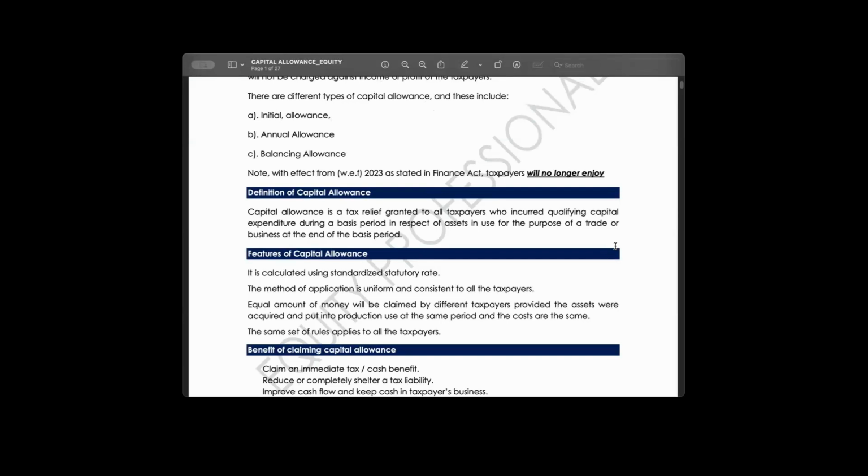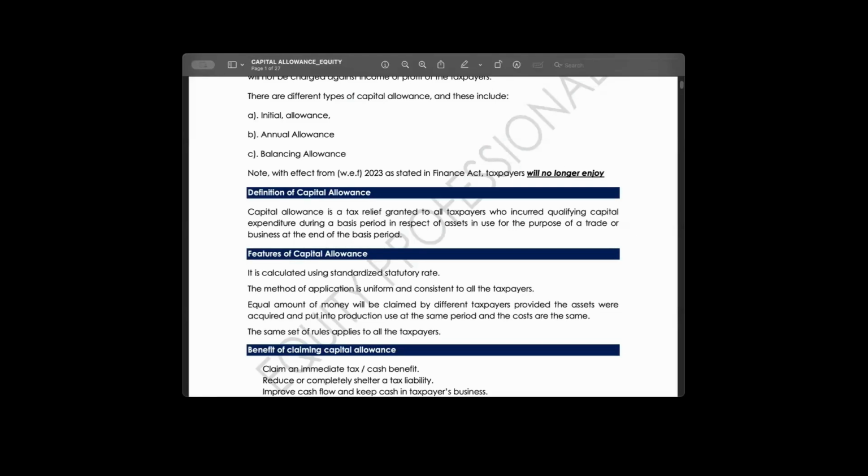So that means if you are a taxpayer that has acquired the same assets as another taxpayer, every one of you will calculate the same amount. The same amount of capital allowance will be charged, provided you put the asset into use at the same date and provided they are of the same category.